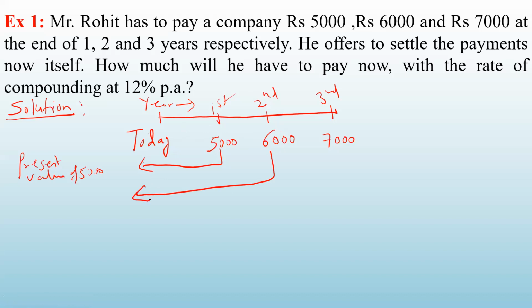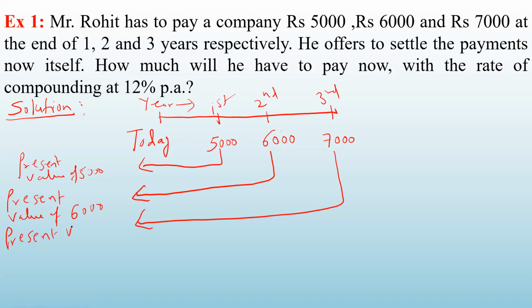So we will find out the present value of 6,000. And then we will find out the present value of 7,000. And then we will add all these present values.